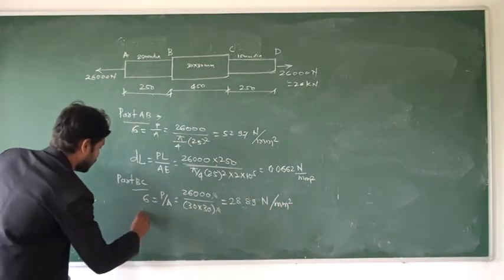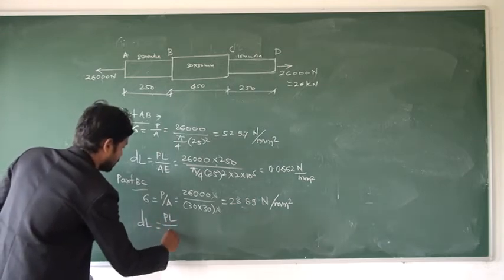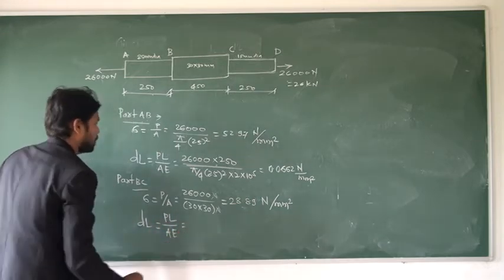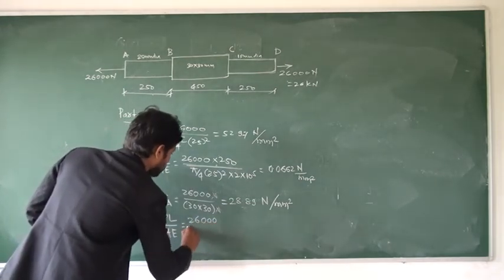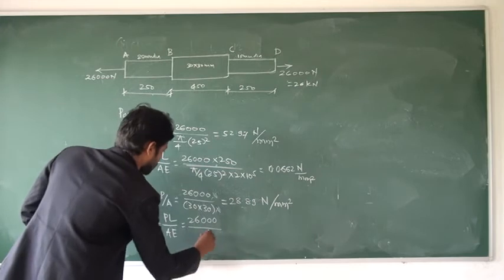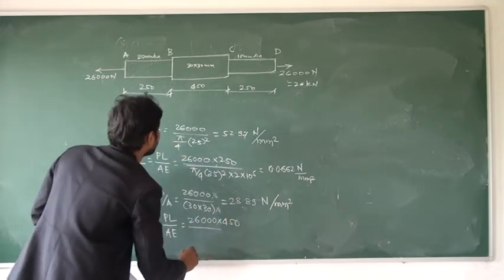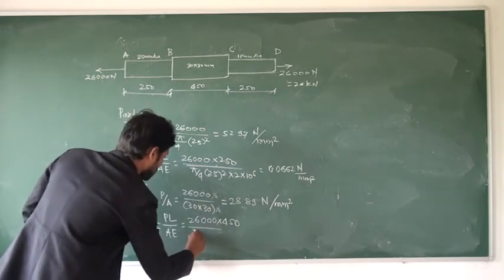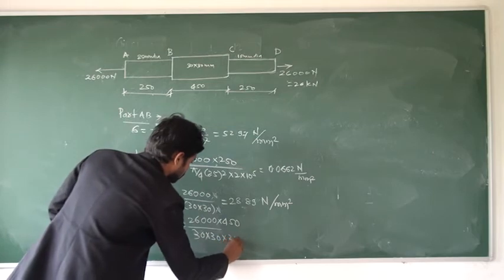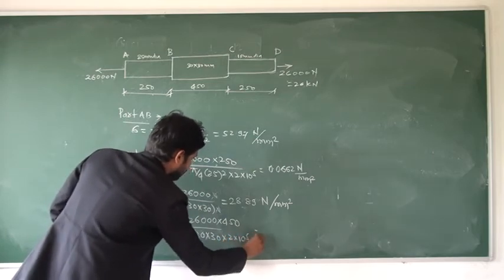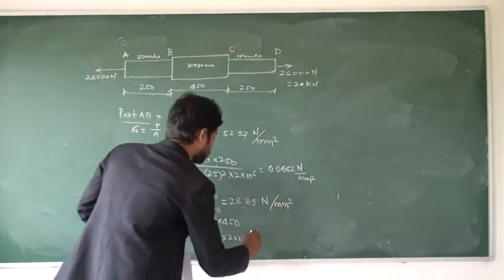Then if you calculate dl, this will be PL divided by AE: 26000, L is 450, divided by area 30 by 30 into 2 into 10 raised to 5. You will get this value as 0.0652.